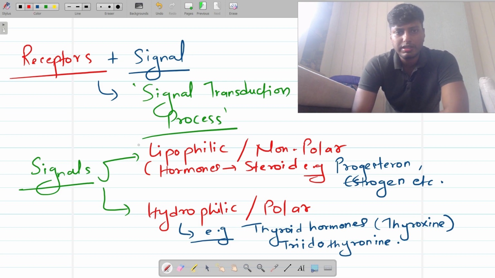Let us now understand how signal transduction occurs in both cases: how it occurs in the case of lipophilic or non-polar hormones, and how it occurs in the case of hydrophilic or polar hormones. So let us understand.